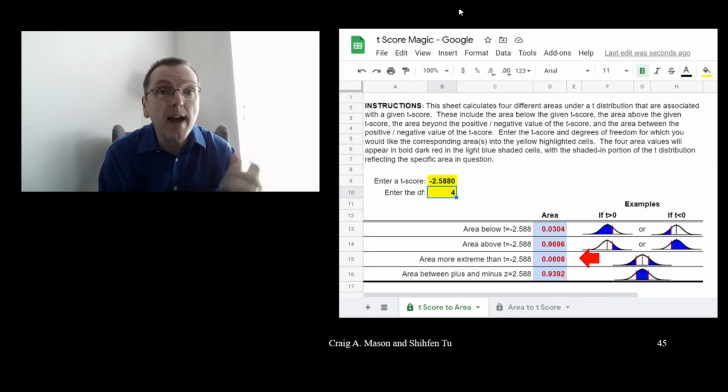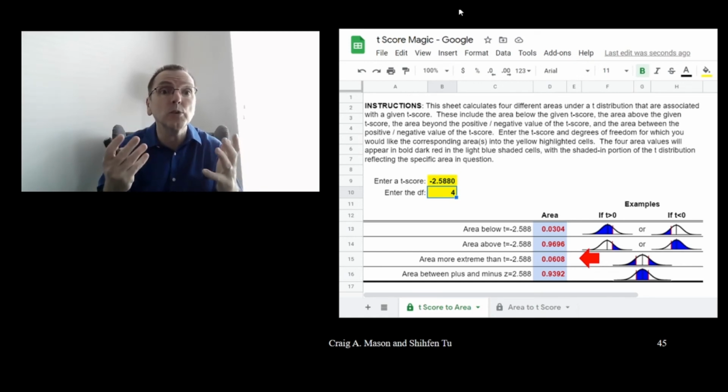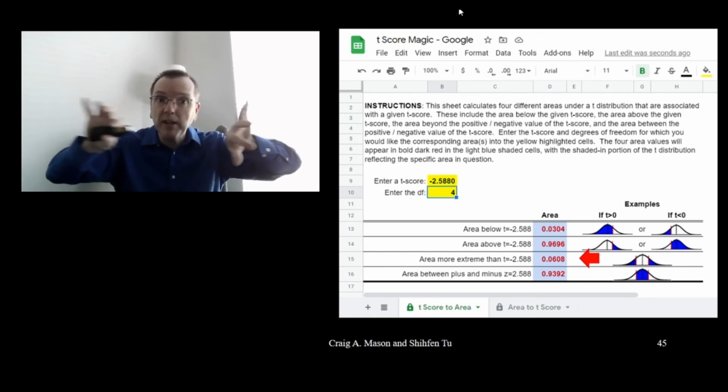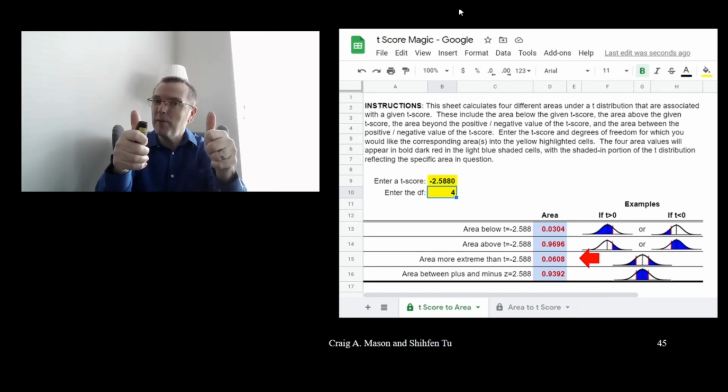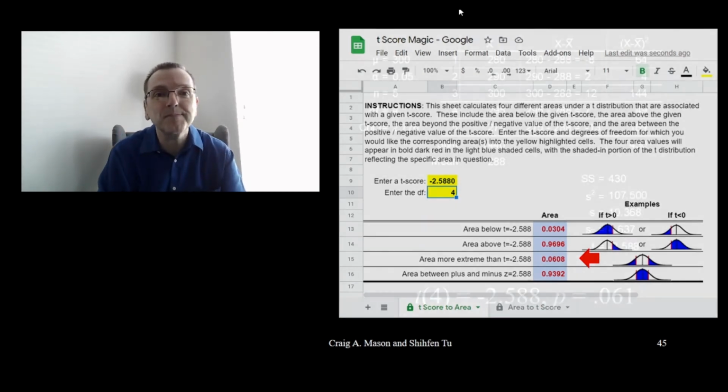So my p-value, the probability of obtaining a t-score more extreme than negative 2.588, is equal to 0.0608, or 0.061 rounding to 3 decimal places. We got our p-value. Awesome.